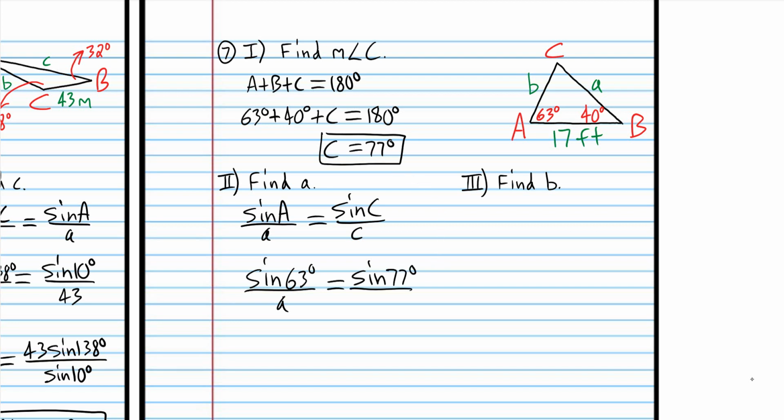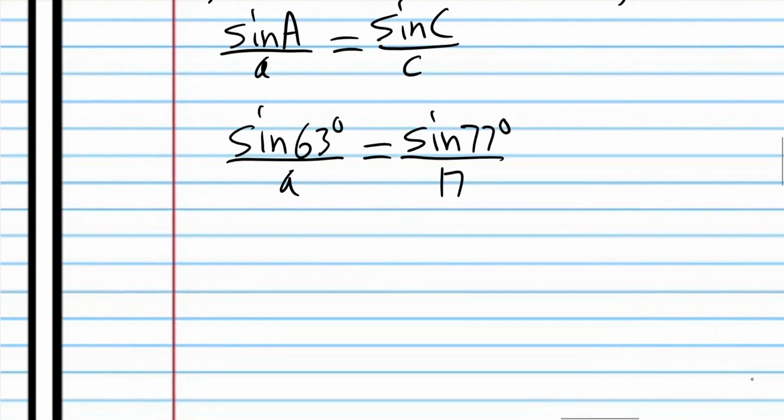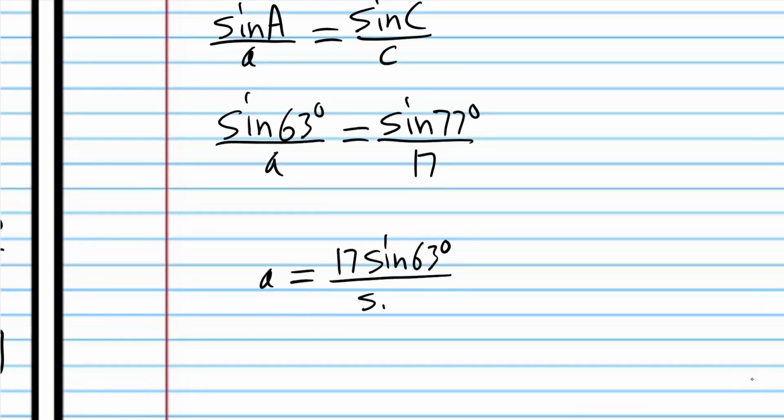And the length of side C is 17 feet. So doing the algebra in our head, we get 17 sine 63 degrees over sine 77 degrees.